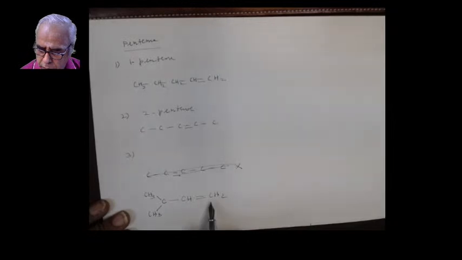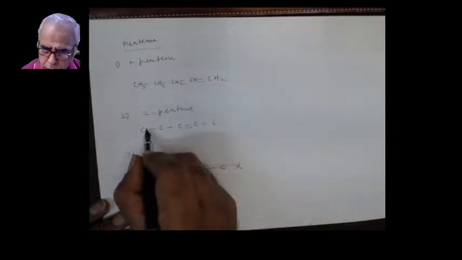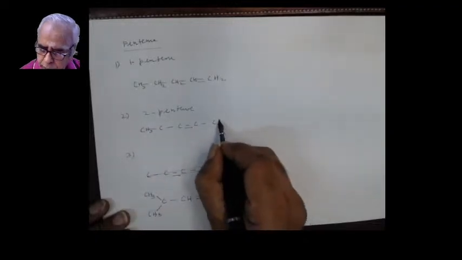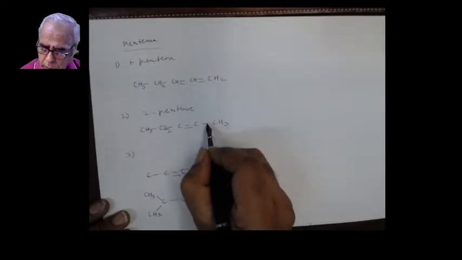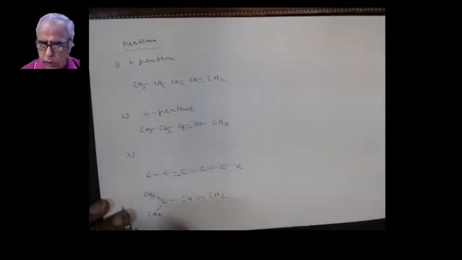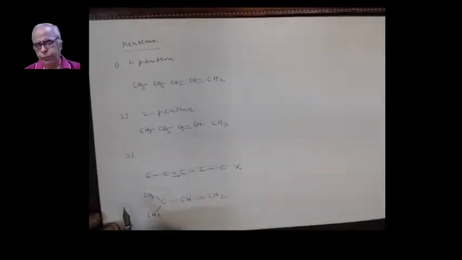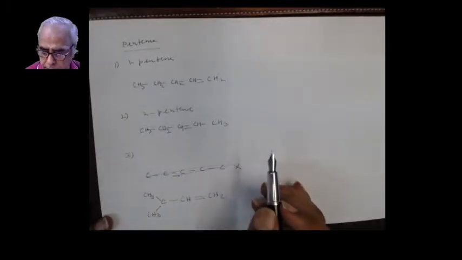And how to name this compound, and before that let me complete this. So 2-pentene means CH3, CH3, CH2, and here only H, here only H. Are you able to follow? So every time you have to check whether the carbon is satisfied with the 4 valencies.